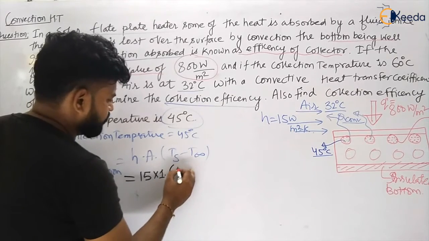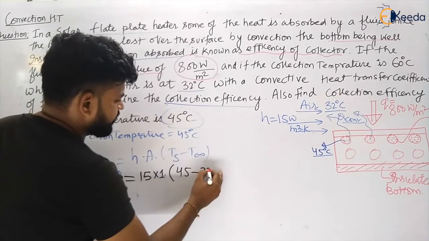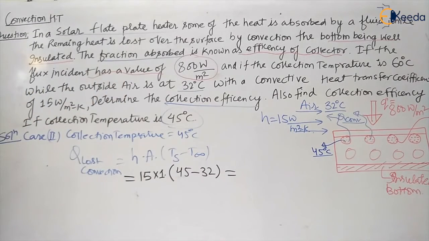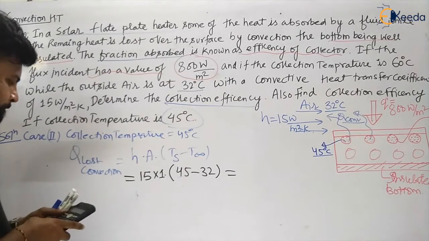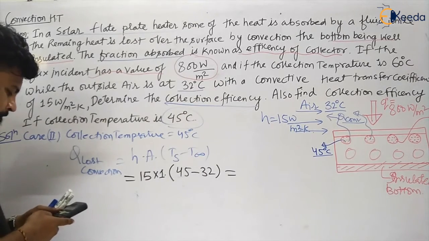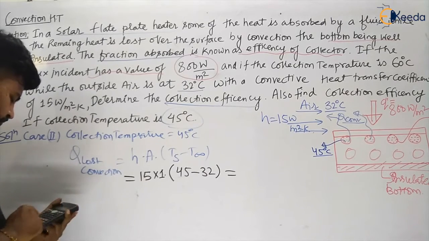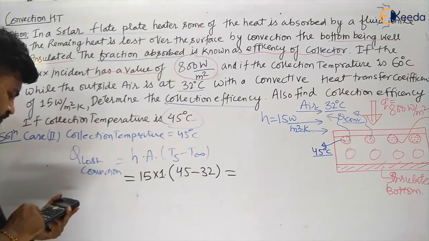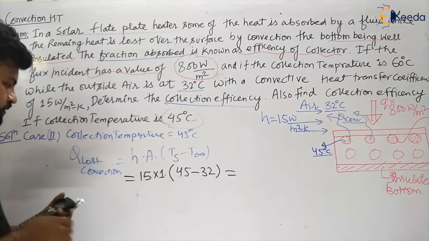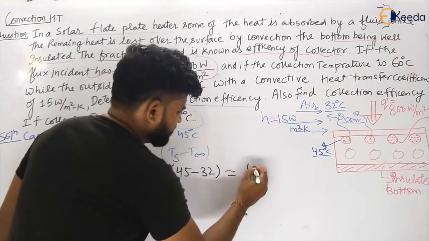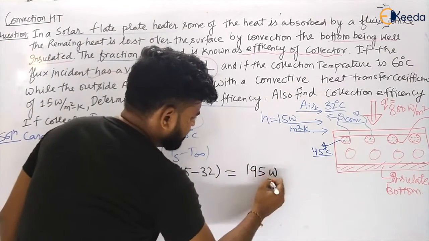Ts is given to be 45 now, minus 32. So this heat will be 15 into 13, so 195 watt per meter square.